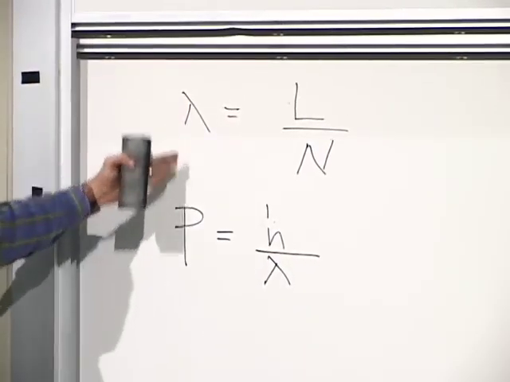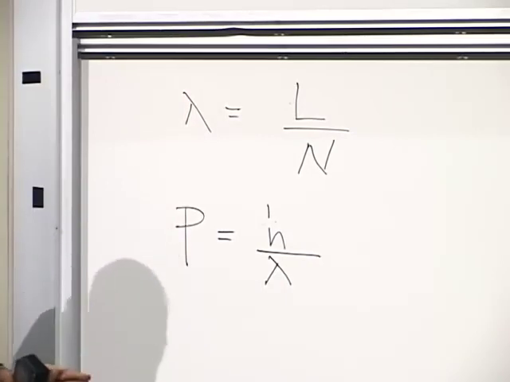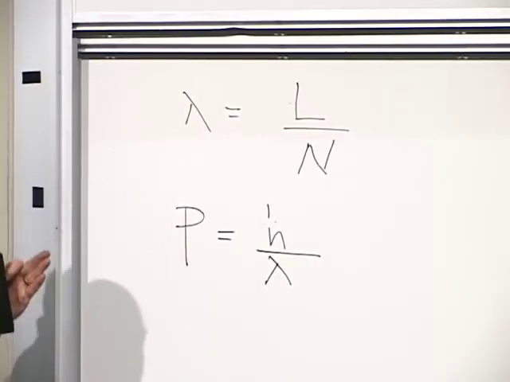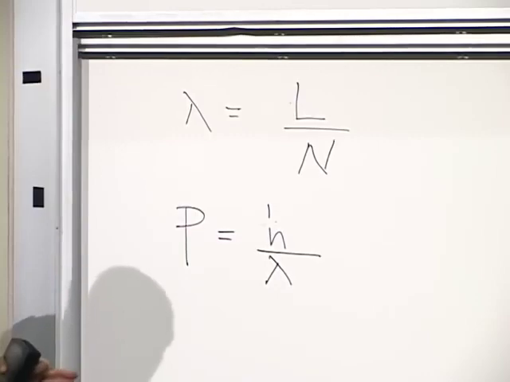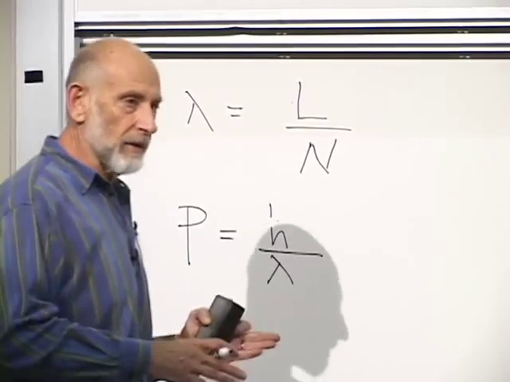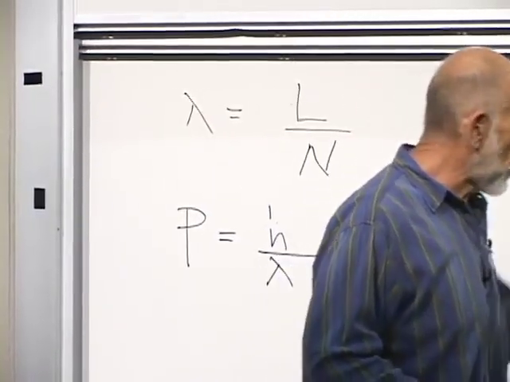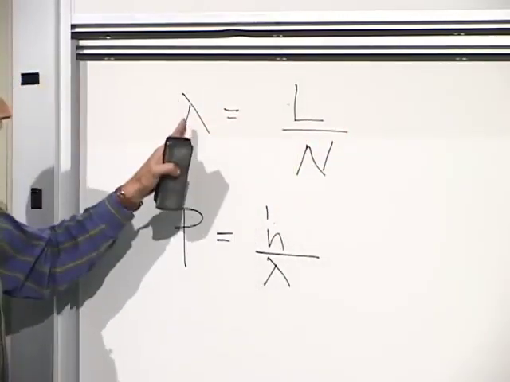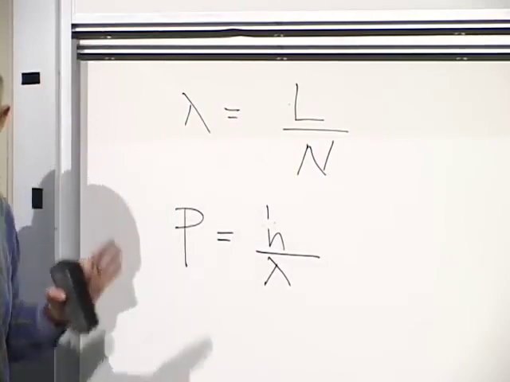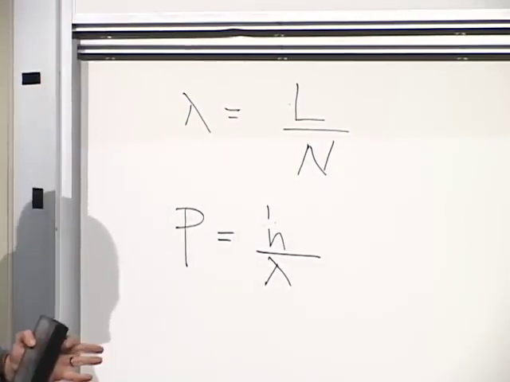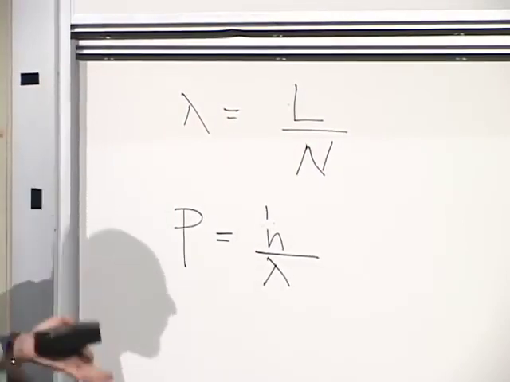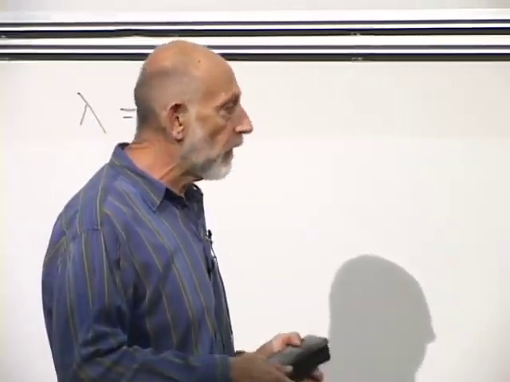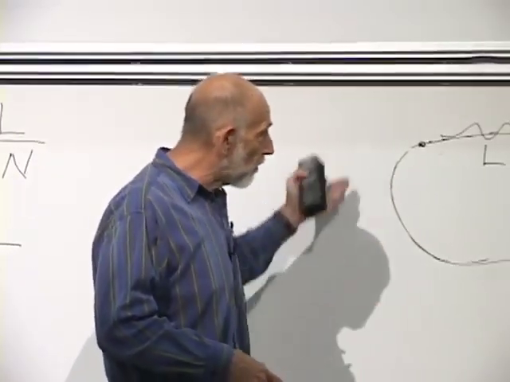So now this is also telling us that momenta come in discrete possibilities. The momentum of any quantum must satisfy the constraint that it's h divided by an allowable wavelength.